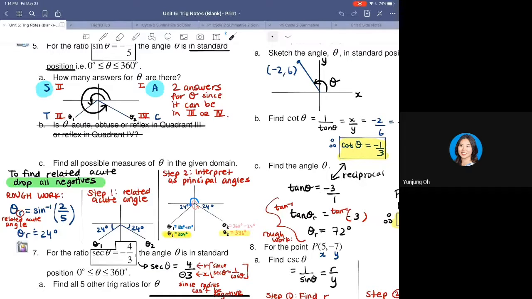If I do sine inverse of the negative, I get negative 24, and it's really telling you the same thing because you're going from your initial position and you're going that way. So for this question in particular, it makes sense both ways, whether you drop the negative or not.